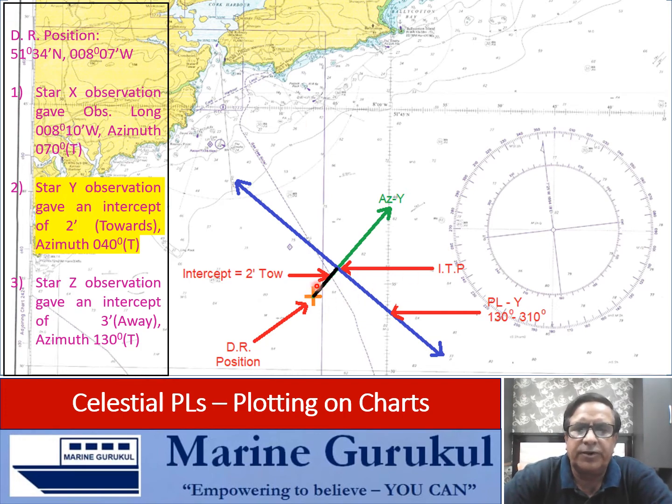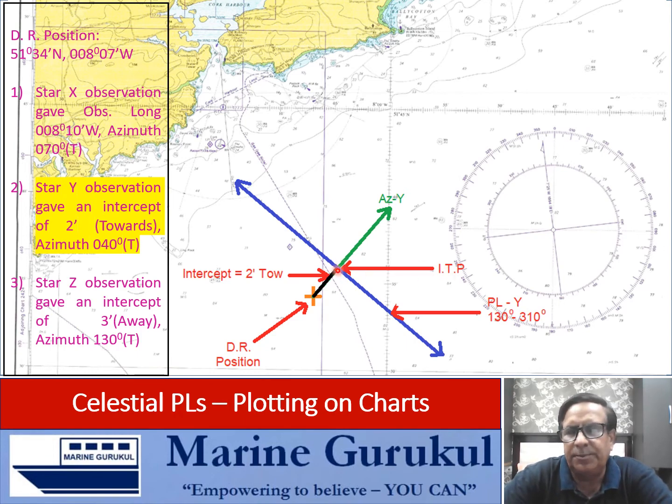So here is where we draw the DR on the chart. Then we draw the azimuth of the body, which in this case is 040 degrees true. Now intercept is 2 miles towards. Towards means from DR towards the body. So from DR we mark off a point 2 miles away on the azimuth line, and this is the ITP.